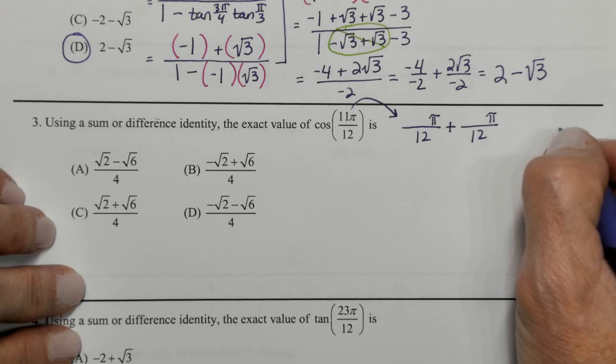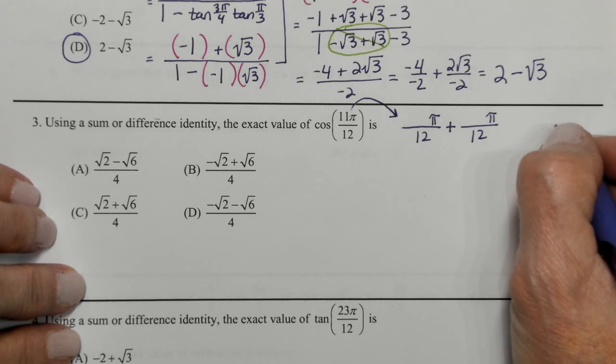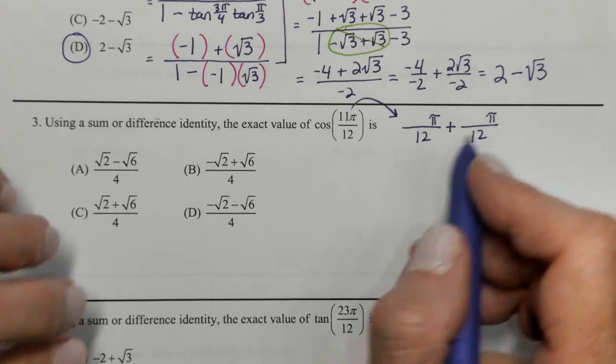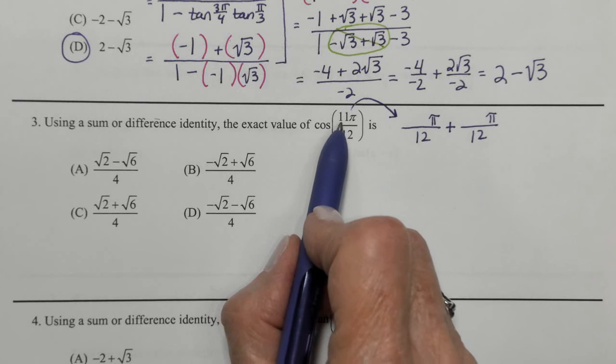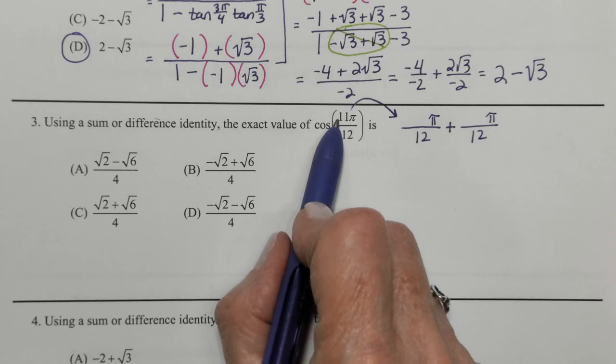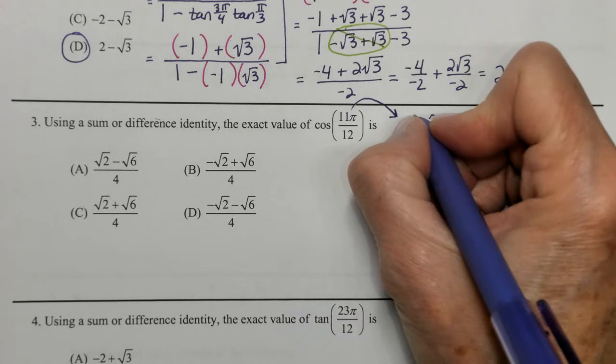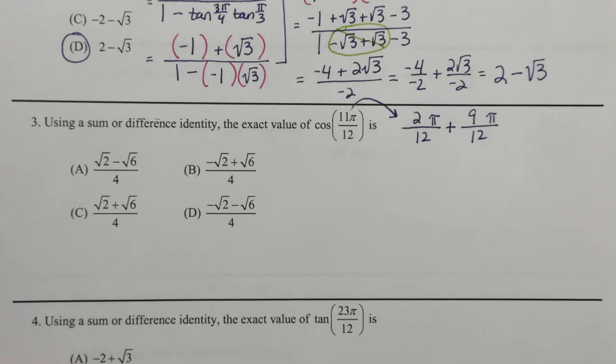Although I see one that we could have a minus with, but plus will work here, I think. Okay, two numbers that add to get 11. How about a 2 and a 9? 2 and 9 will work. 2 plus 9. Okay, I think that'll work.